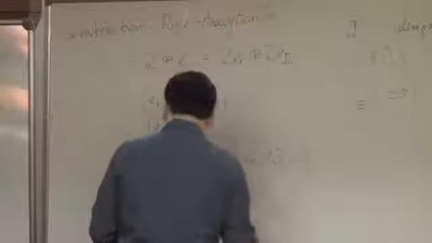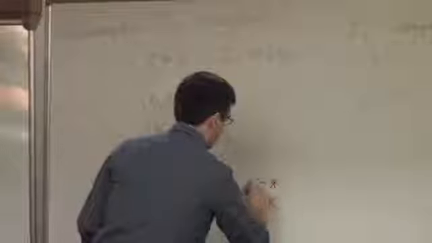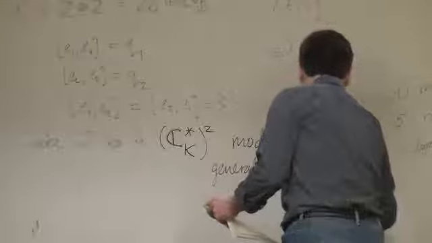And then you take the lattice, take J to be the two-dimensional torus (K^*)^2 modulo the lattice generated by (q1, z) and (z, q2).